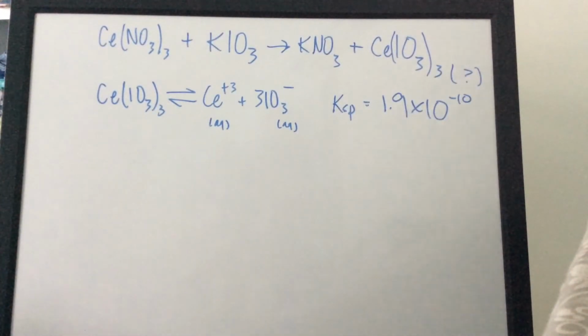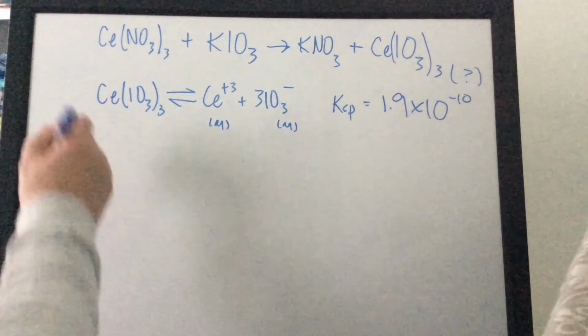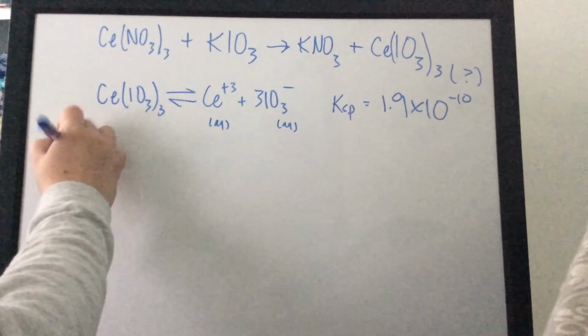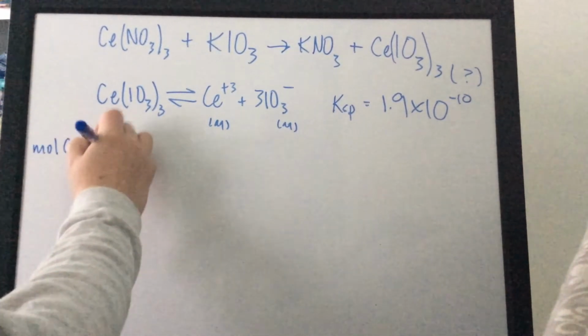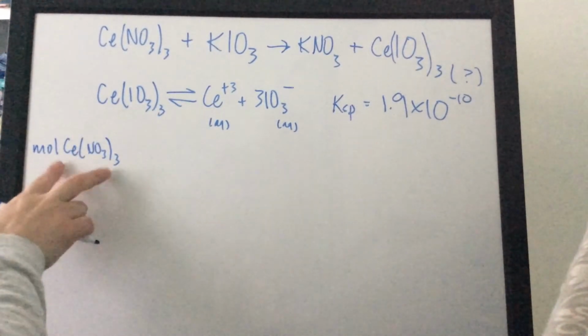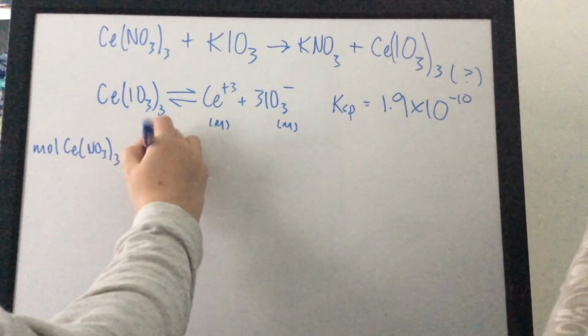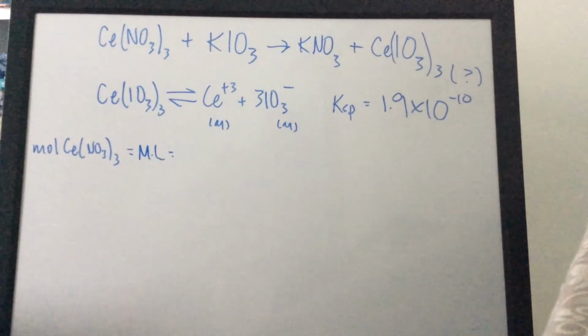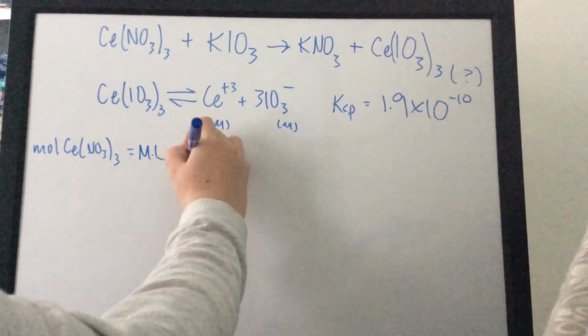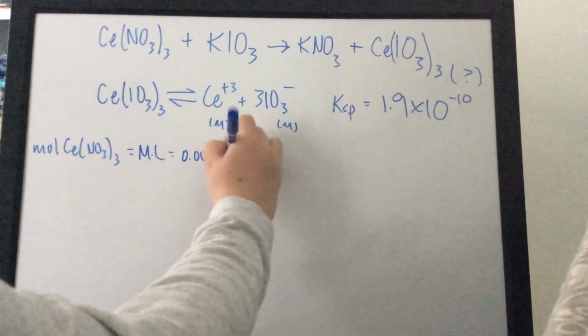So again, I'm going to calculate the Q value and compare Q to KSP and figure out if this thing precipitates. I'm looking for moles of my first compound here by taking, just like we did before, the molarity times the liters. So that molarity was 0.004.